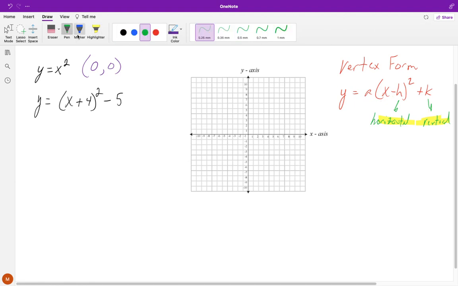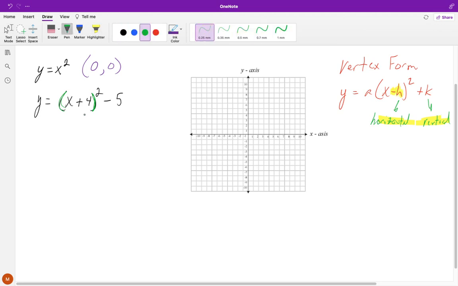So as we discussed in class, this plus 4 is included with that x. It's inside the parentheses, so it's directly affecting the x. And we know that when we're directly affecting that x, we're moving along the x-axis, so we're either moving left or moving right. And since the formula is minus that number, we're taking the opposite of that number.